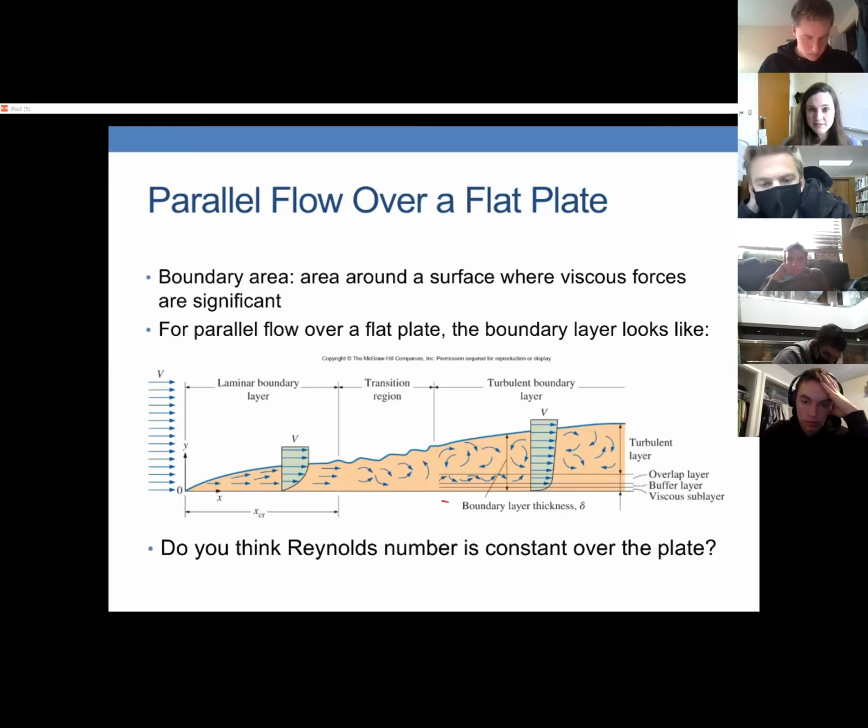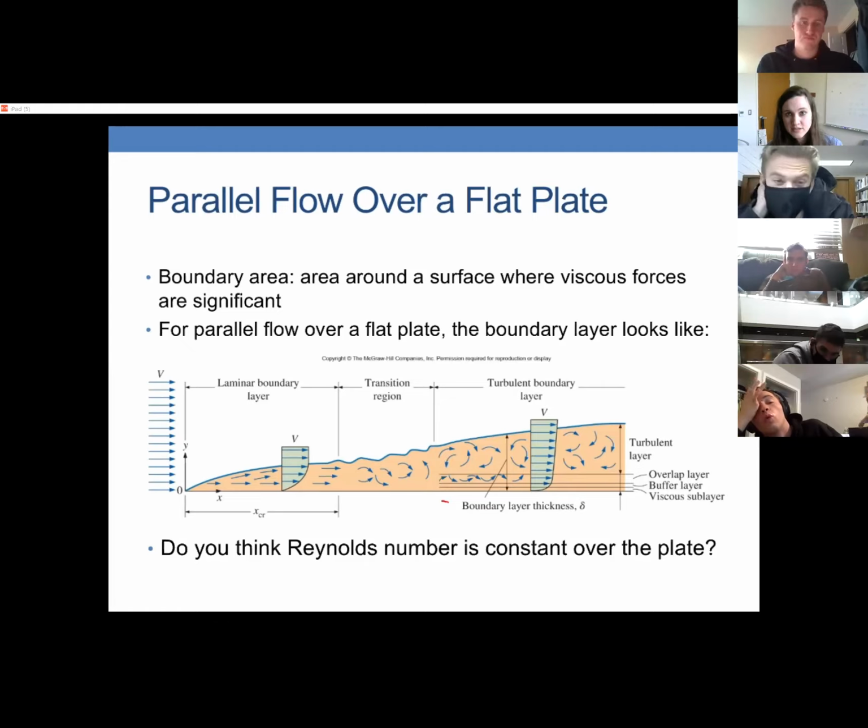So, given that, do you think the Reynolds number is constant over the whole plate? No, Connor is shaking his head. Why do you think not, Connor? Because the flow is changing from laminar to turbulent, which probably would lead to a change in the Reynolds number somehow.